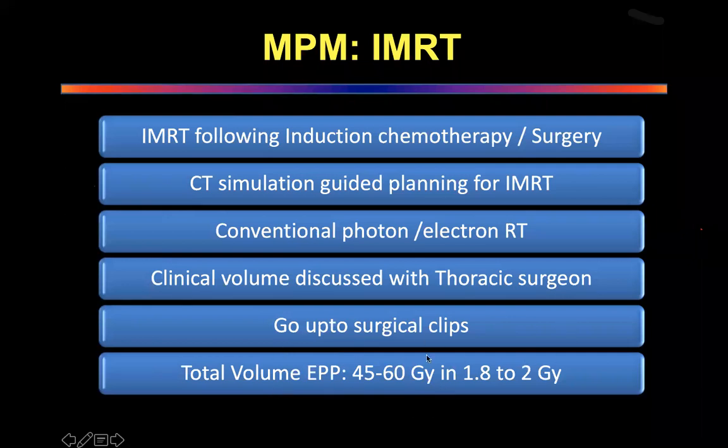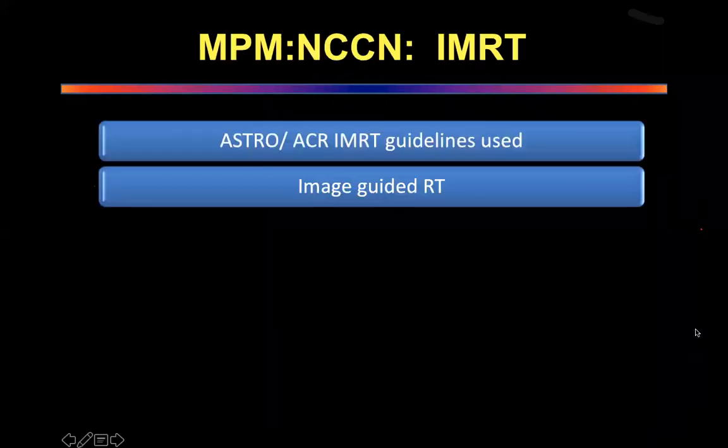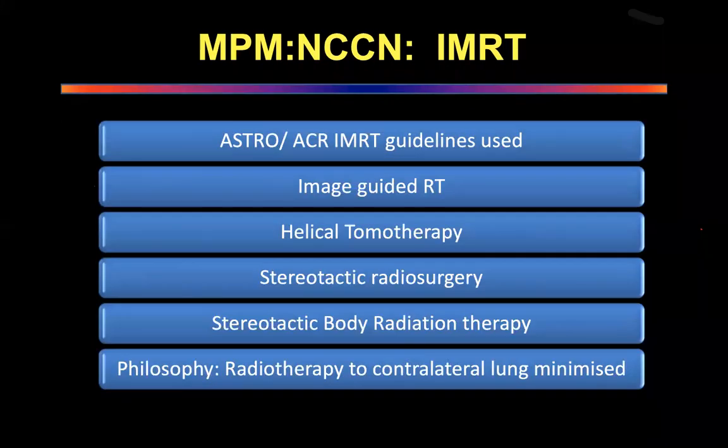The total volume of radiotherapy is 45 to 60 gray, but you have to give it in increments of 1.8 to 2 gray per day. So one more part of the guidelines is talking about how much is the volume. So this is IMRT. These are the specialized techniques available now. These are modern techniques of CT.